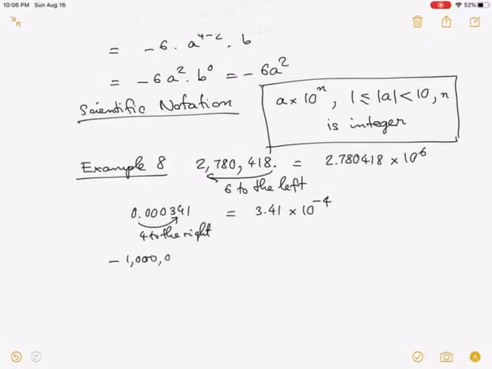So minus 1 billion. So this is the number, the decimal point. We move 9 places to the left. So this is minus 1 times 10 to the power 9.